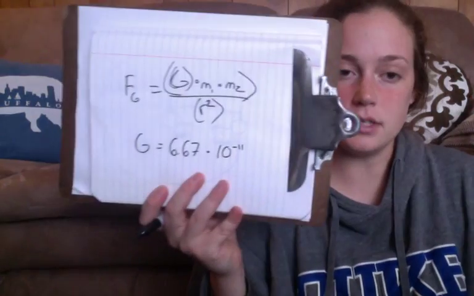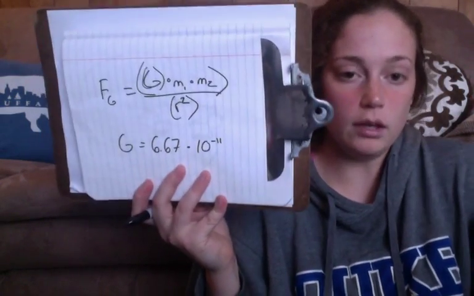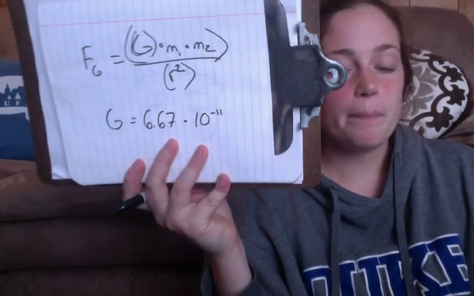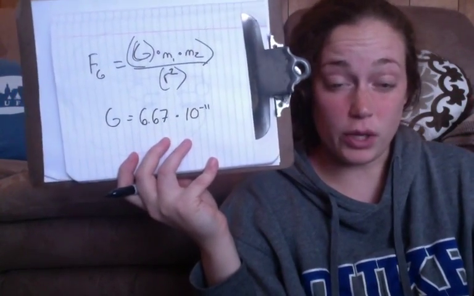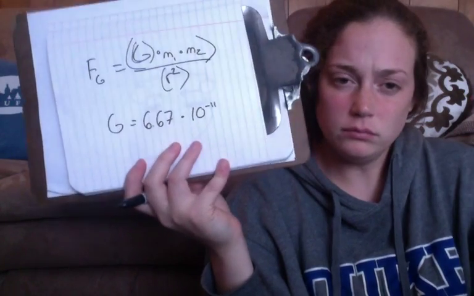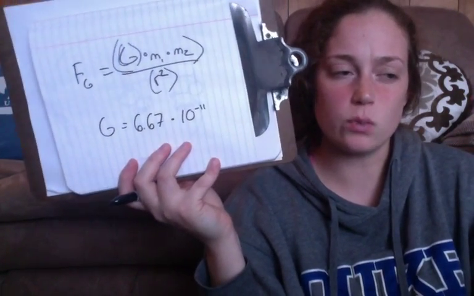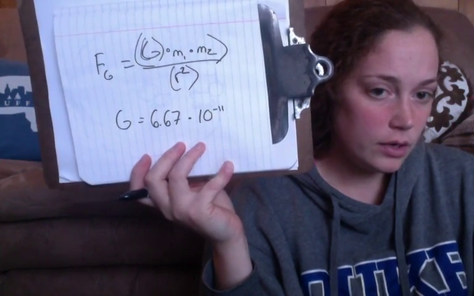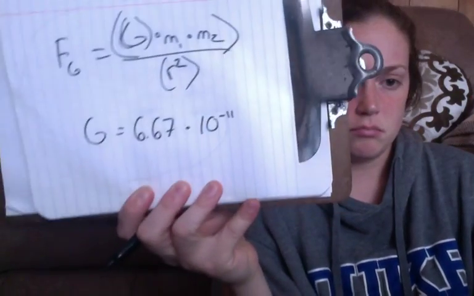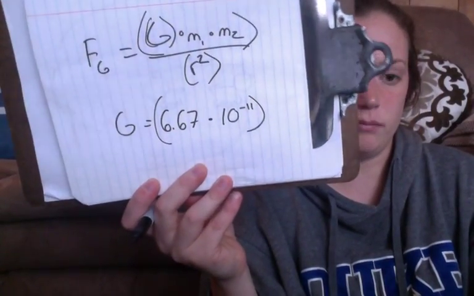I would honestly put all of G in parentheses and then everything else in a big parenthesis. If people get this one wrong, it's just because we're plugging it into our calculators the wrong way. So just make sure you have the parentheses where you need them. The negative 11 doesn't have to be in parentheses, no. That's just how you would type it into your calculator, with parentheses around it, exactly like that.